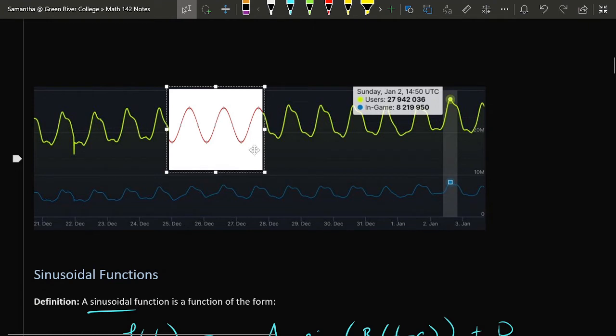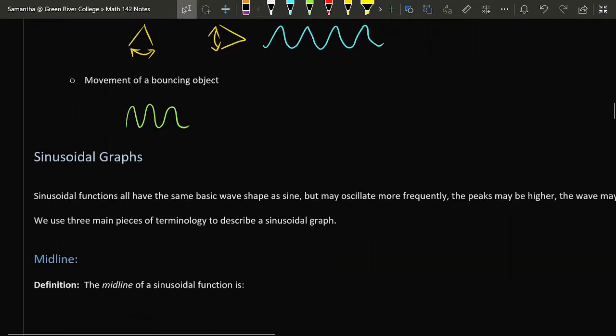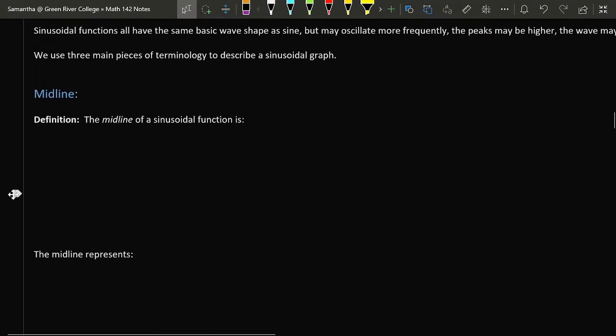So when we're trying to match a mathematical sinusoidal wave to a real-world wave, we focus on making a few different features of the graph match the real-world wave. And the first thing that we try to match is called the midline.